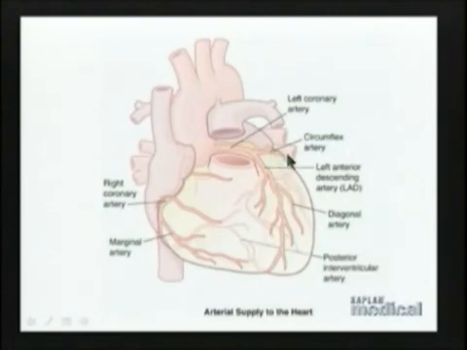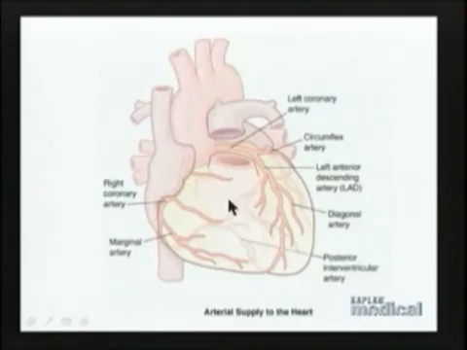Now, since the circumflex artery is in the coronary sulcus and the right coronary artery is in the coronary sulcus, those two arteries are coming toward one another, and that provides the opportunity for communications between those two vessels.